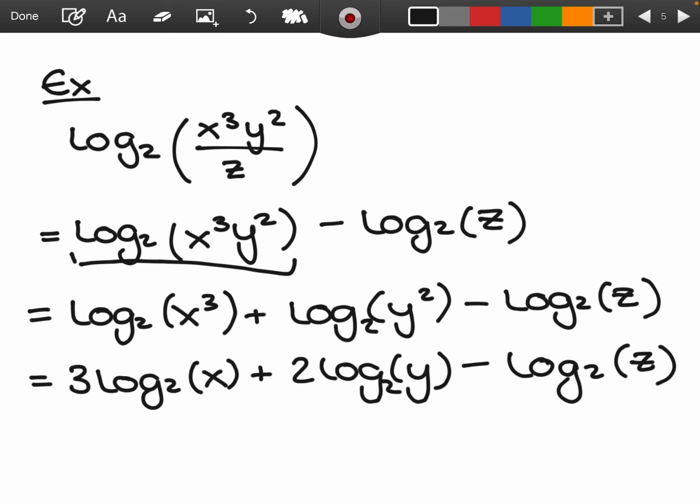And this is what I get. Okay, so we can go both ways with this whenever we get these logarithm expressions. We can take one logarithm expression and expand it to be the sum or difference of multiple different logarithm expressions, or we can take a longer logarithm expression and simplify it to 1.